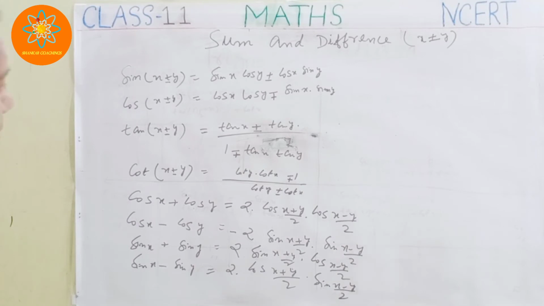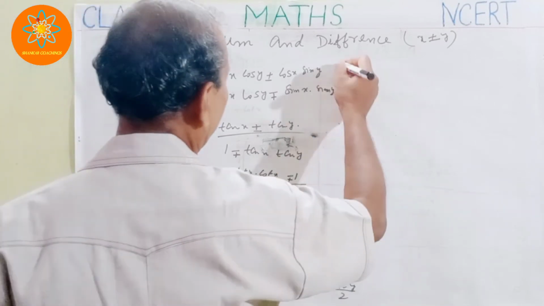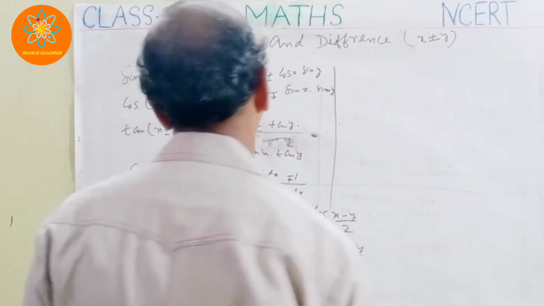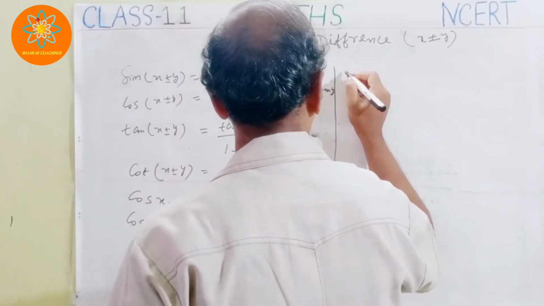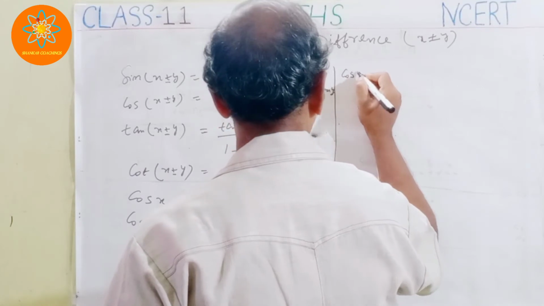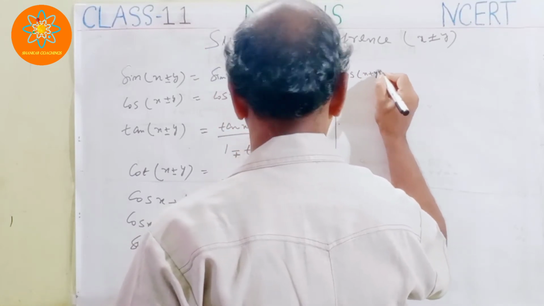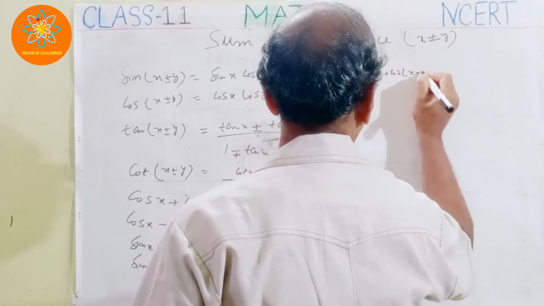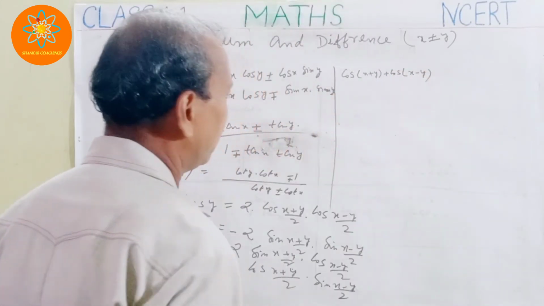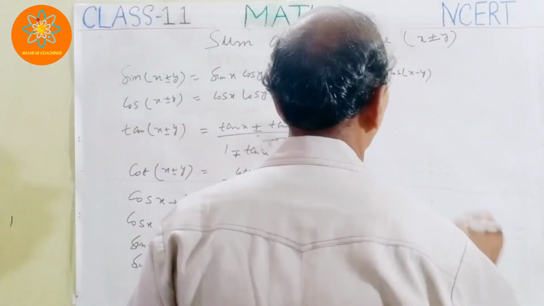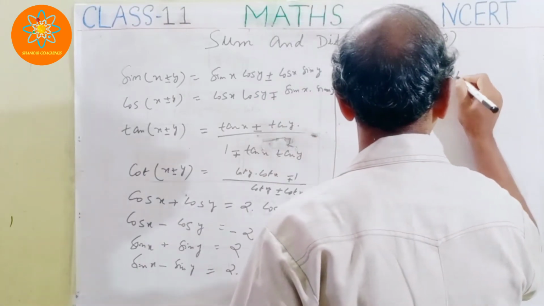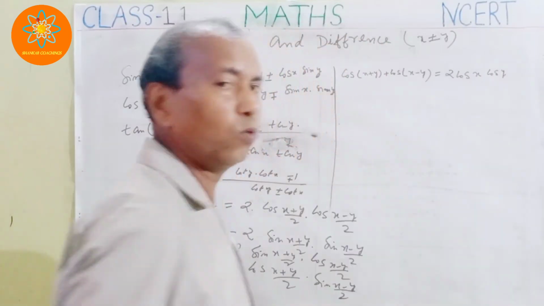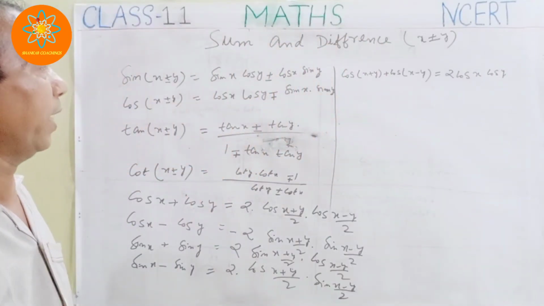And next formulas are, suppose cos of x plus y plus cos of x minus y, this is equal to 2 cos x cos y.